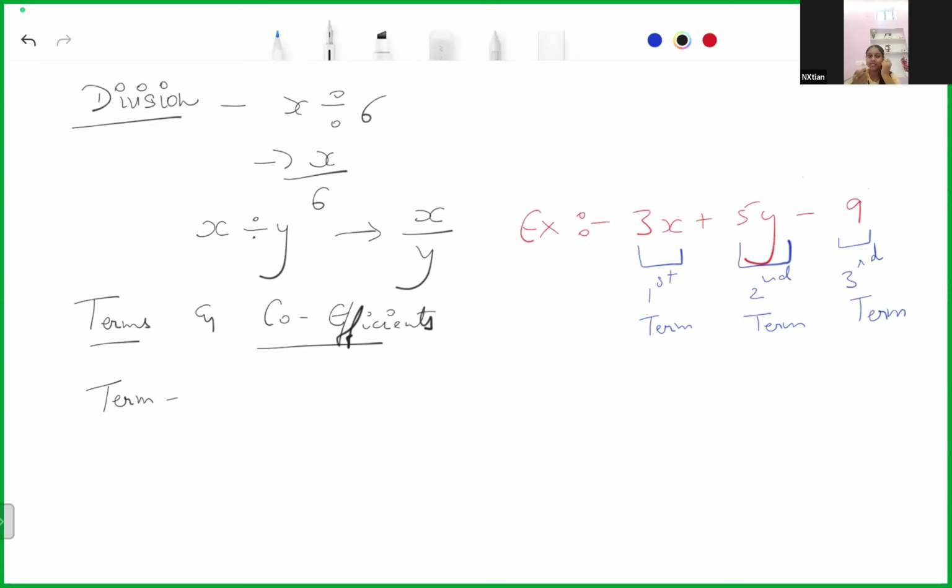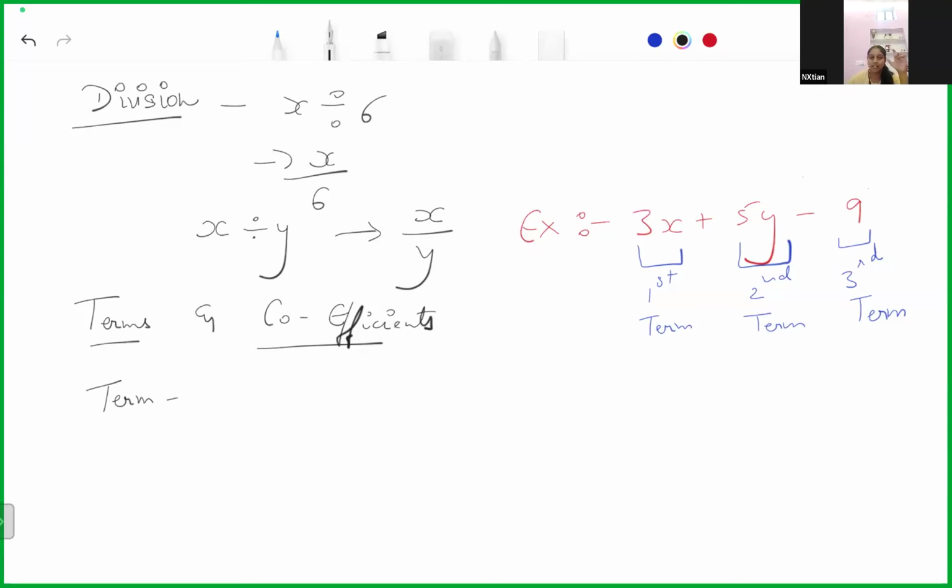See, so if the expression is 3 into x plus 5 into y minus 9, then what are the terms? 3 into x is one term, 5 into y, and 9 is the last one.